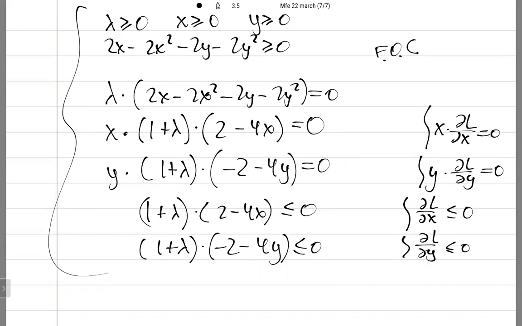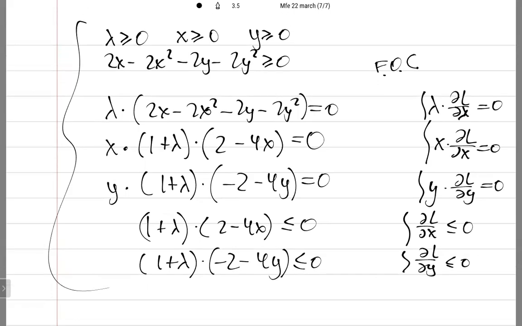Sorry, 1 minute. Could you give some comment for the functions in here? Some little explanation for the flow of the functions, because lambda times dL/dlambda is 0.